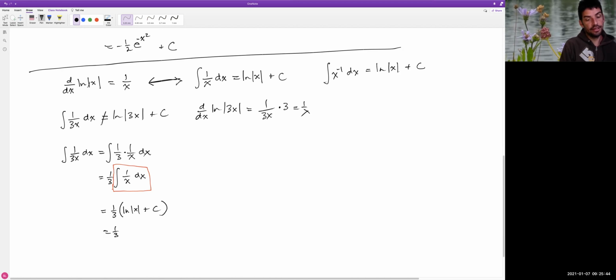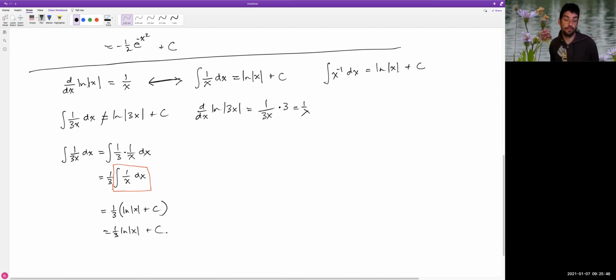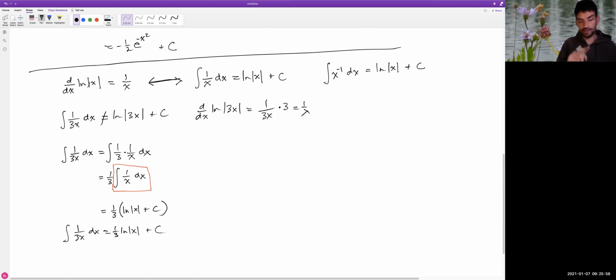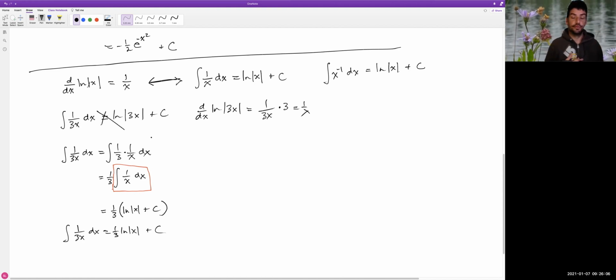And again, I can distribute this, but I just let the 1/3 be absorbed by the constant since it's arbitrary anyways. And there is our result, right? And so when we applied the rule naively without recognizing that it's not quite the same, we didn't get the right thing, right? Our work up here was incorrect, but now we've got something that is the right antiderivative, okay?